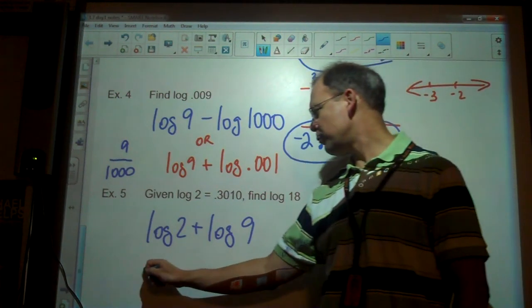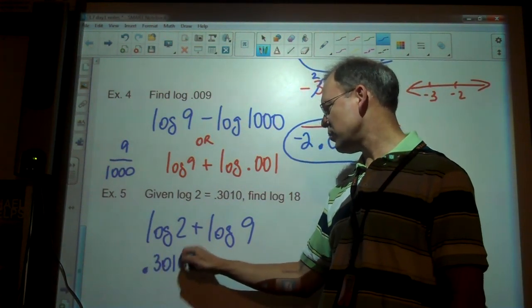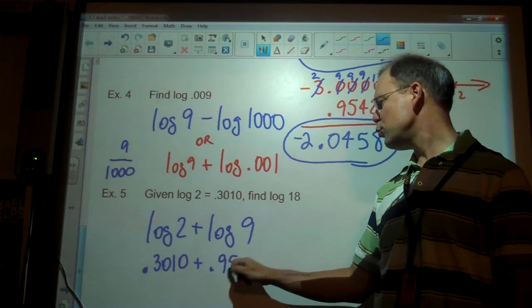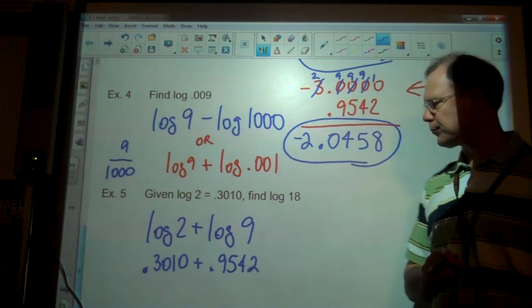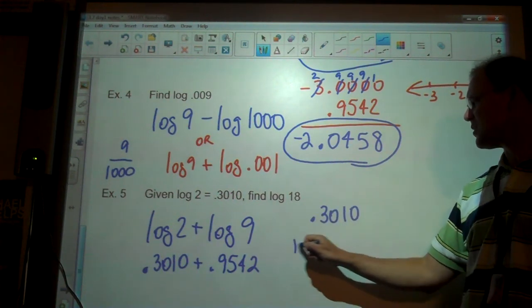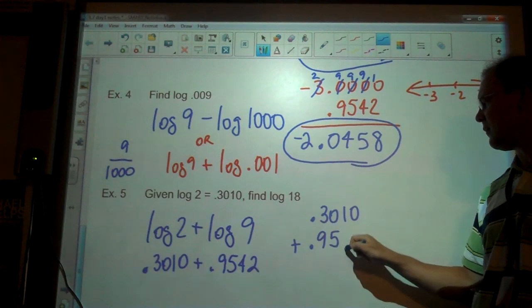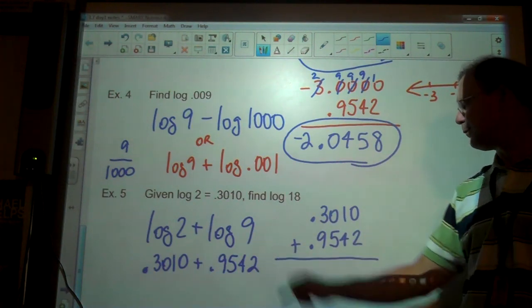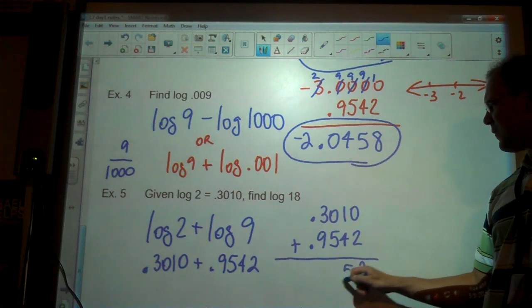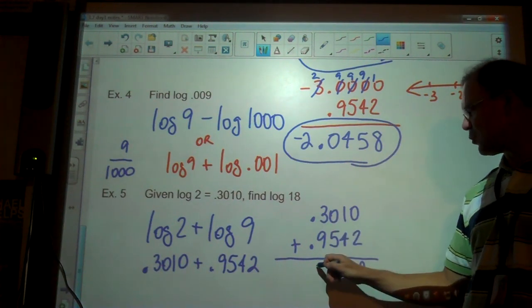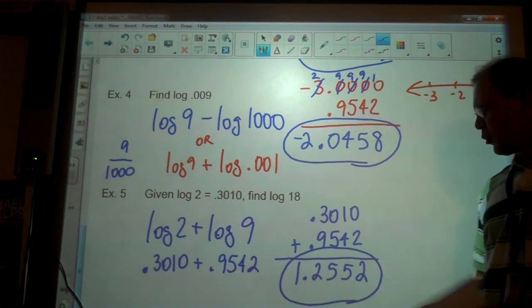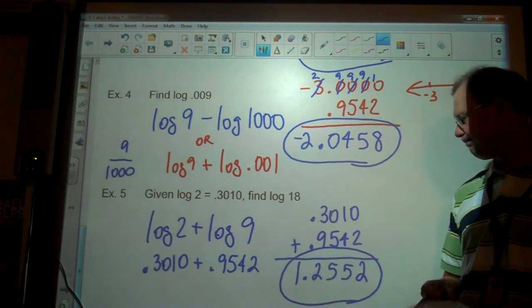So you would have 0.3010 plus 0.9542. Add those together, 2, 5, 5, and 12. So 1.2552.